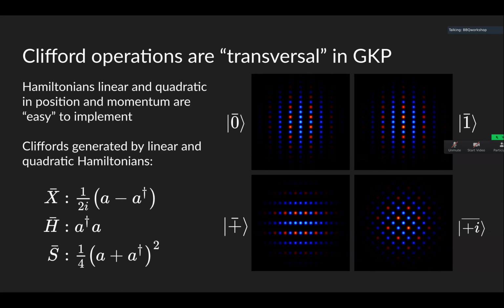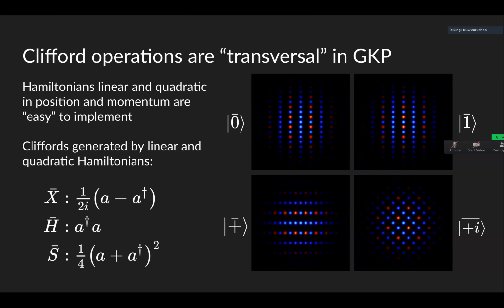Okay, now that we've gotten the most important thing out of the way, we can talk about transversal gates in the GKP code. This has been mentioned several times already, but the notion of transversality now comes not from doing tensor product operations, but from doing Gaussian operations. These are kind of the easy things to do in a harmonic oscillator. And in the GKP code, it's really cool because these Gaussian operations let you do all of the Cliffords.